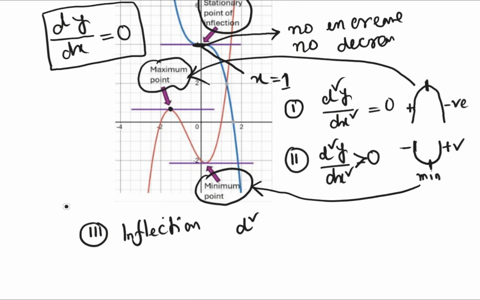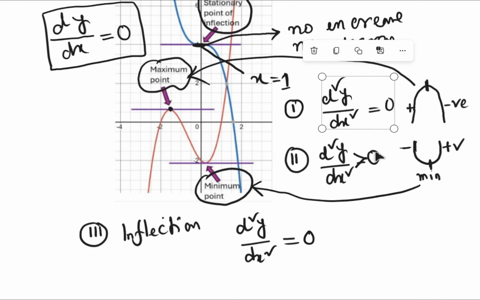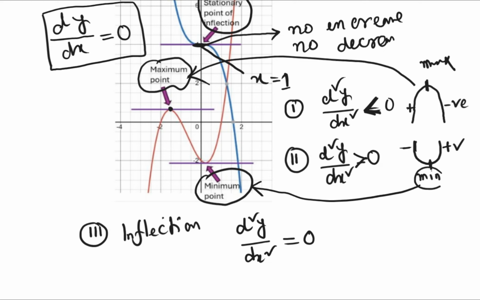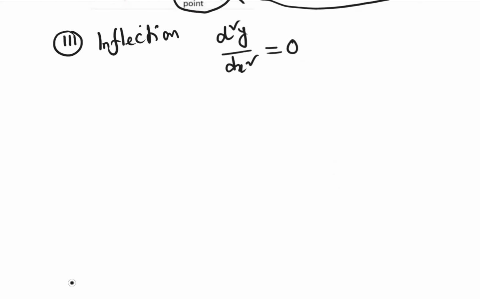The condition is that the second order differentiation d²y/dx² should be equal to 0. When it is less than 0, we have a maximum value, and when it is greater than 0, we have a minimum value.